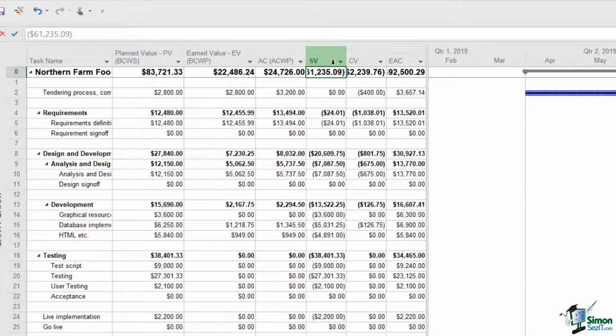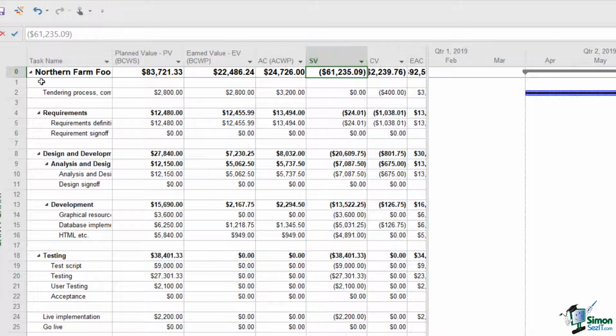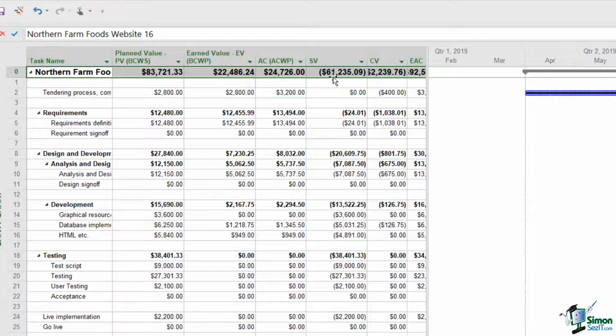Now in this column at the moment, you can see that some of these have entries of $0, which means for any task that in cost terms is going to schedule. Where you have a negative cost, that means that in cost terms the task is behind schedule. So in particular, if you look here at task 0, which is the project summary task, the fact that there is a negative SV value means that overall the project is behind schedule.